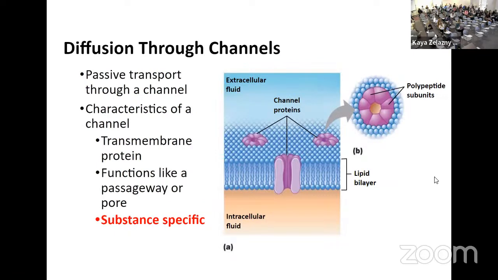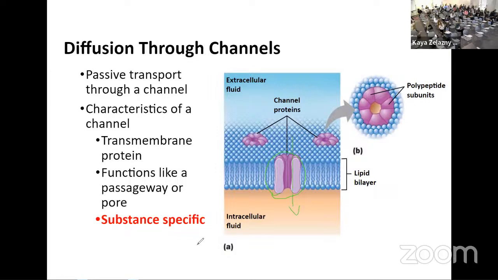The final type of passive transport that we want to know about is diffusion through channels. A channel is also a transmembrane protein, just like our carriers were, so it goes all the way through. Here's a channel protein, and it functions essentially like a pore. It's just a hallway that we can have something go through.